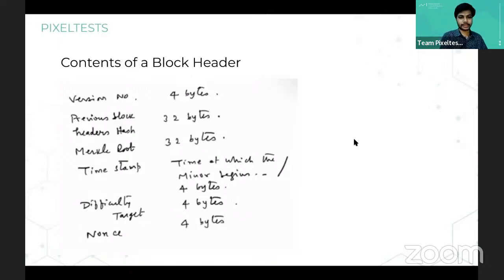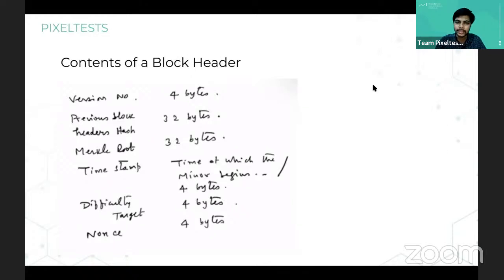Okay, now in the same block header, you can see there is something called the Merkle root, which we discussed in our module 6, right? The Merkle root is nothing but the hierarchy of how the transactions are laid out in a particular block. We have understood that in our previous modules, so you need not worry.